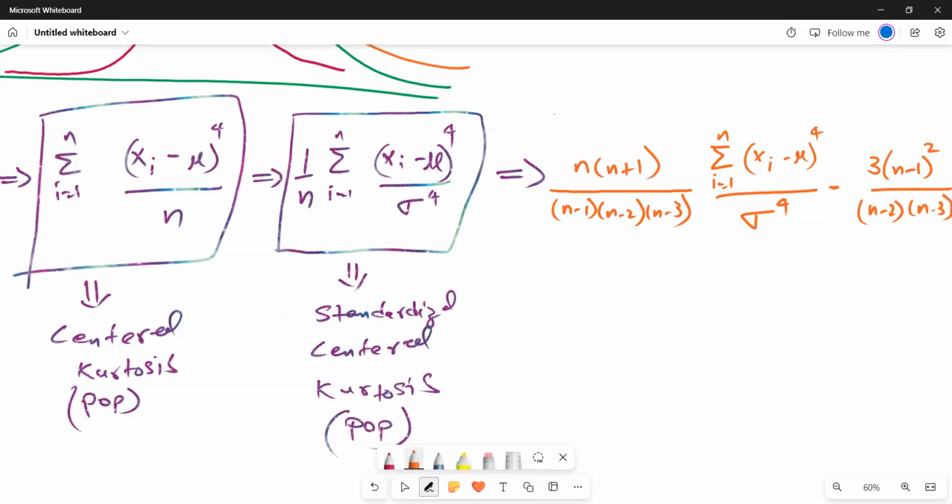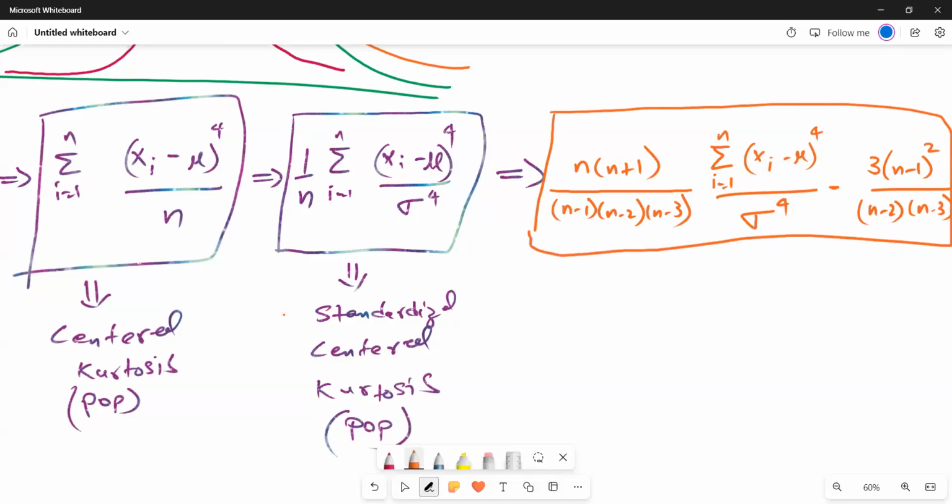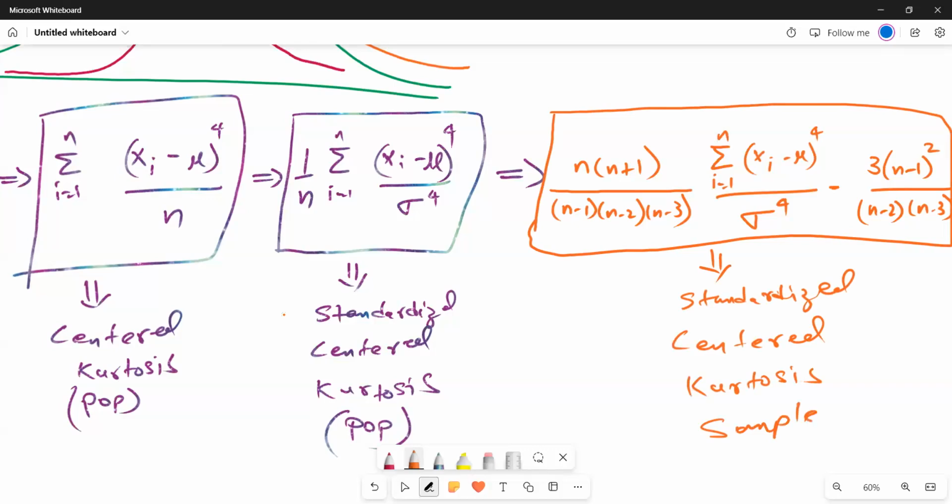Right, so this is the formula for kurtosis, and this is again standardized, centered kurtosis along with sampling adjustments. Hence, this is for samples.